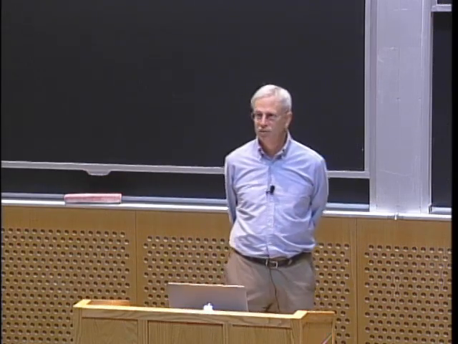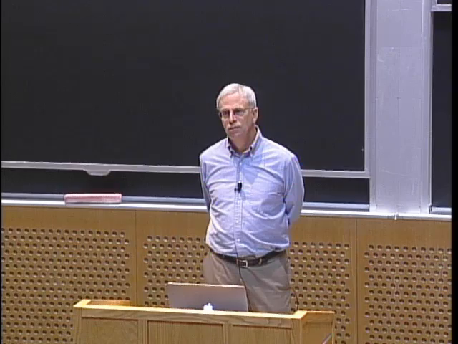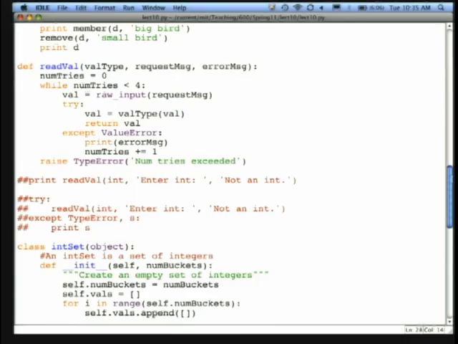It then sets a local variable numTries to 0. And while numTries is less than 4, it sets val equal to raw input, printing the request message. And then it tries to convert val to val type, whatever that happens to be. And if it succeeds, it returns it.